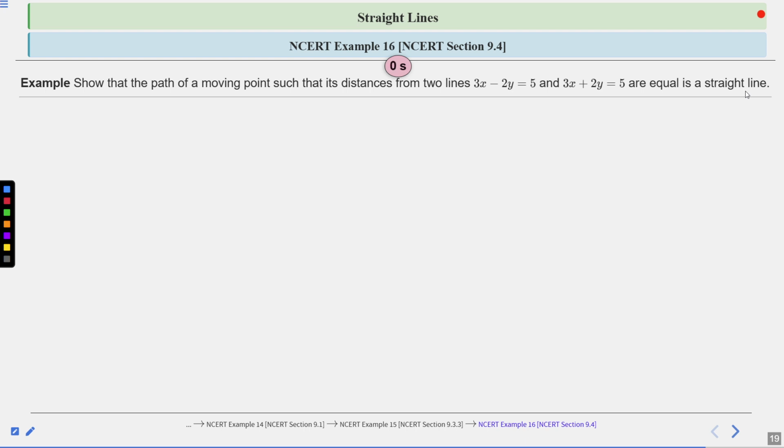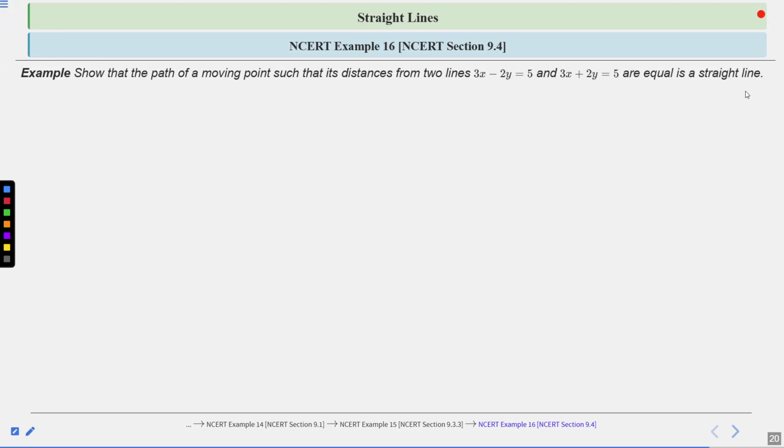Okay, students. Now we will show that the path of a moving point such that its distances from the two lines 3x minus 2y equal to 5 and 3x plus 2y equal to 5 are equal is a straight line. So let us see the solution.